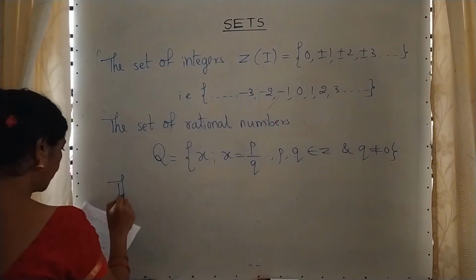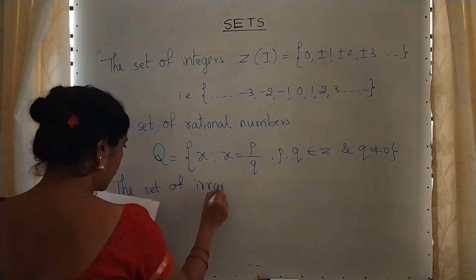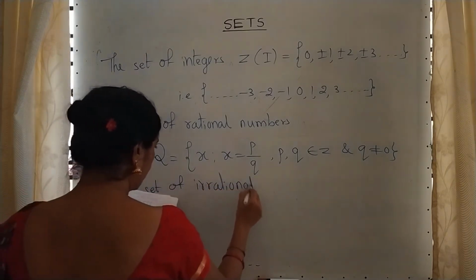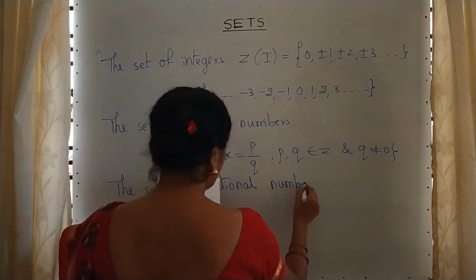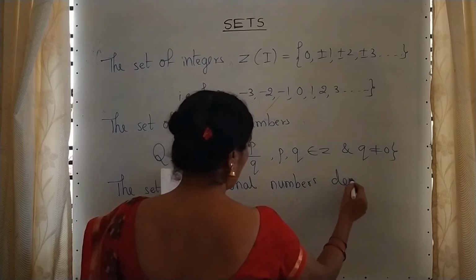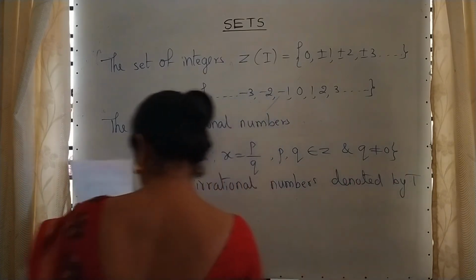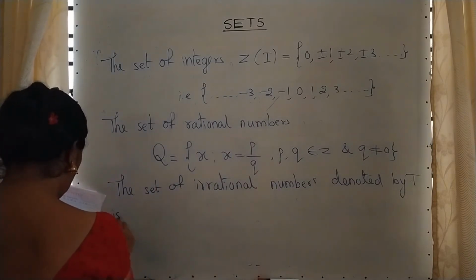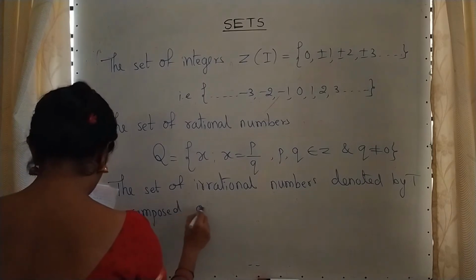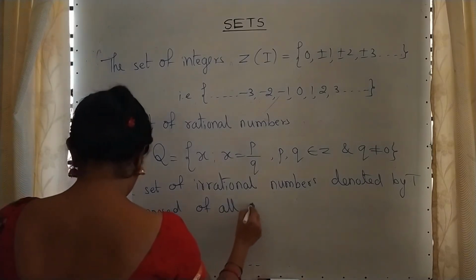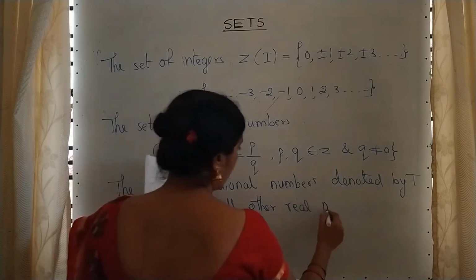Next, the set of irrational numbers, denoted by T, is composed of all other real numbers.